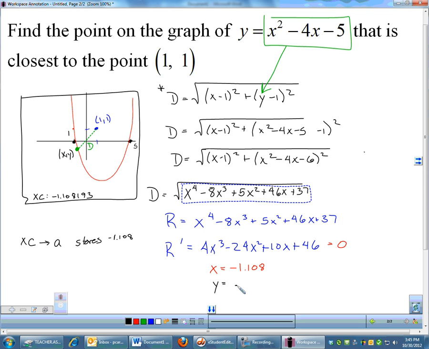And if you use rounded answers in middle steps, sometimes you can end up being off by 1/1000th or something like that, which is enough to cost you a point. So we need to store answers. In this case, the point on the graph that is closest to (1, 1) is (negative 1.108, 0.661). So that's how you work these problems. The trick is just make sure you isolate what's inside the radical and actually minimize that part, because that does, in essence, minimize the distance.